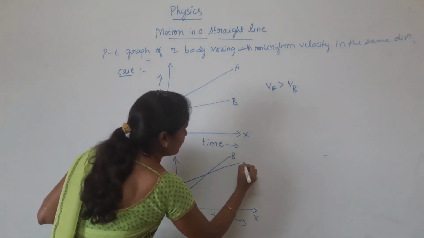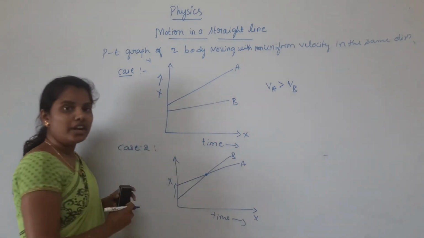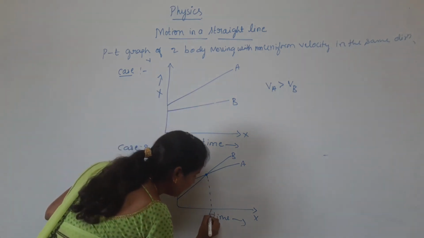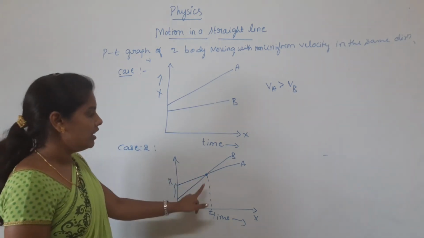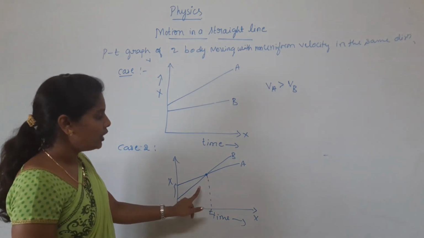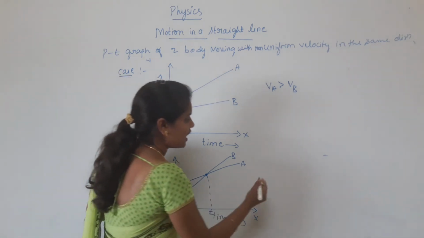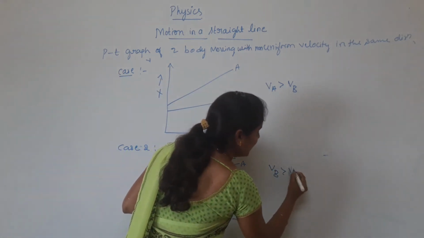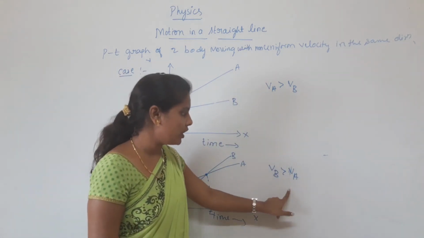This is B, this is A. At some point of time t, body B overtakes body A. At this time, VB is greater than VA. The relative velocity of body B is greater than the relative velocity of body A.